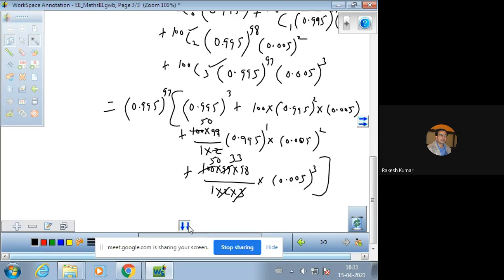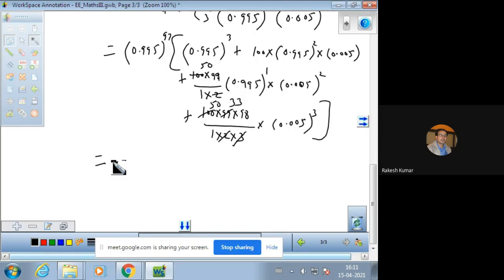So ultimately, after computation, which is now a little simpler, we have 0.995 raised to power 97 times the remaining term in the bracket, which comes out to be 1.62334.